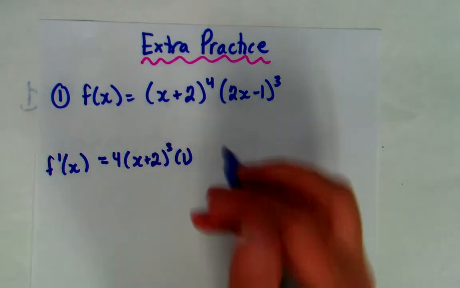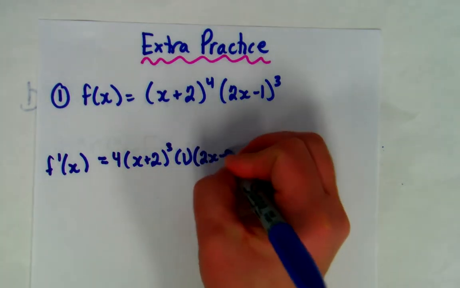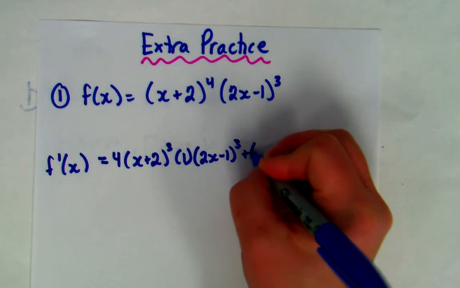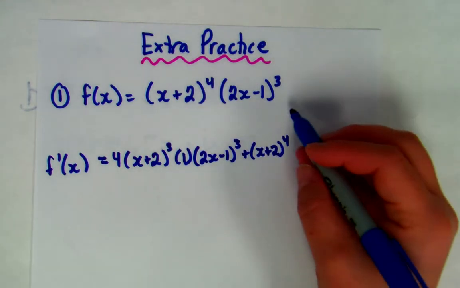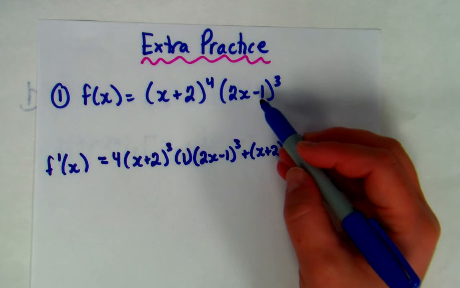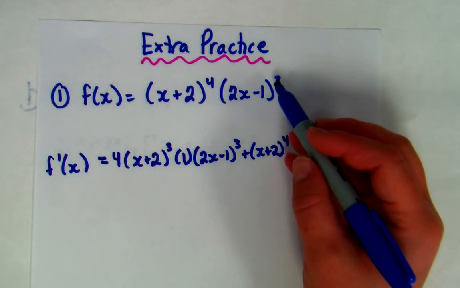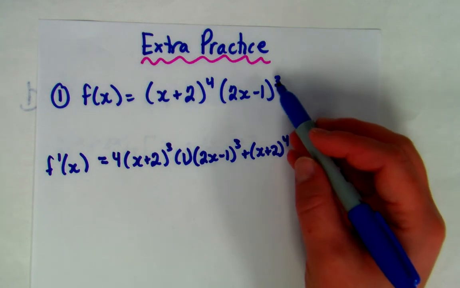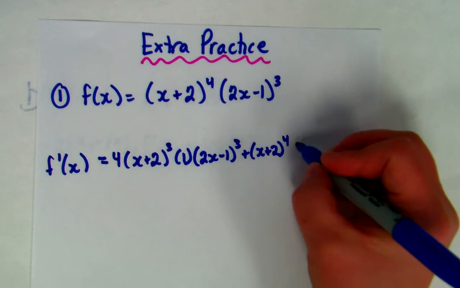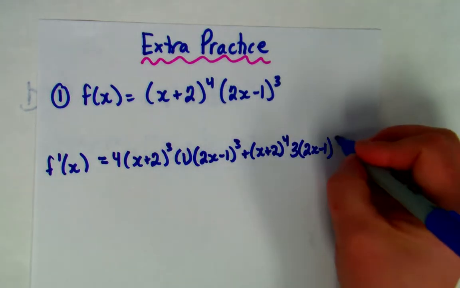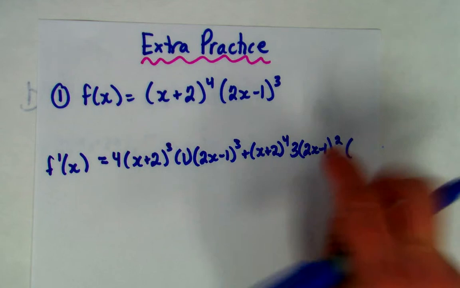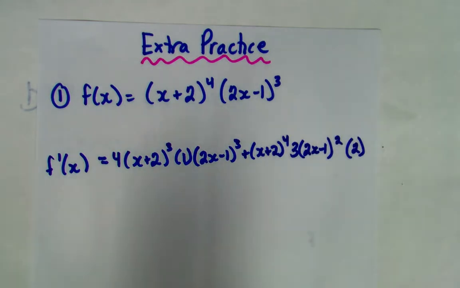So that's the derivative of the first times the second plus the first times the derivative of the second. So I kept the first the same, and now I'm going to apply chain and power rule again. So the 3 is going to come down, 2x minus 1. The 3 drops to 2, and now I look inside, and the inside derivative is 2.